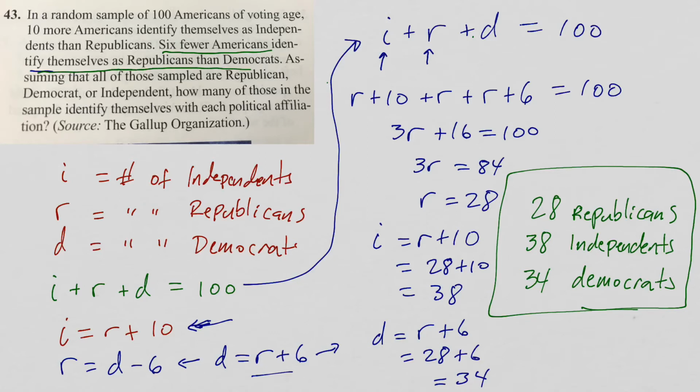Well, 28 is 6 fewer than 34 Democrats, so that's true. And finally, are there really 10 more independents than Republicans? 38 is 10 more than 28. So all of the facts check out, so that is our answer.